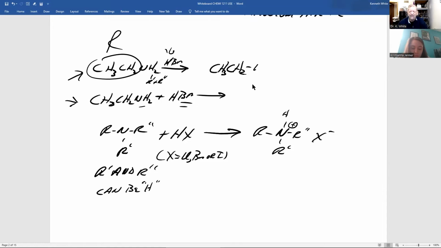Now, nitrogen already has 2 hydrogens, R prime and R double prime. And I could put it on here like this. And then I'm going to add this third one like this, plus charge, and then the anion would be bromine. Now, you could also have written it this way.